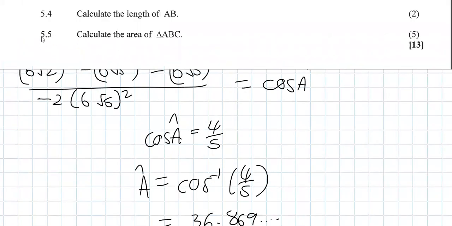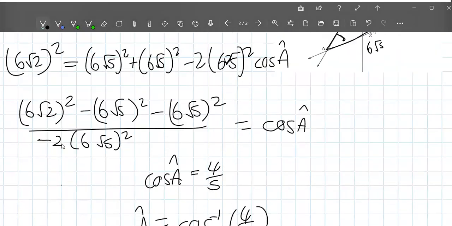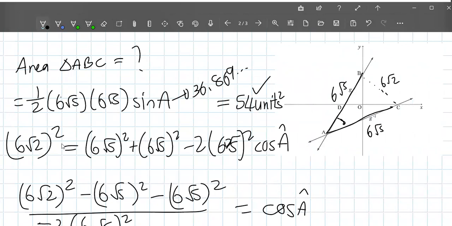That completes 5.5. I do want to look at what would have happened if we had tried to use the method of angles of inclination. So the angle of inclination at C is equal to this. I drew a line parallel to the x-axis, and this big angle here is equal to the angle of inclination of the line AB, the original line, so this is equal to this.